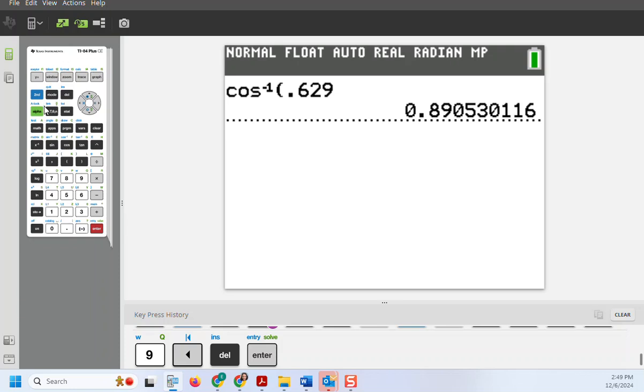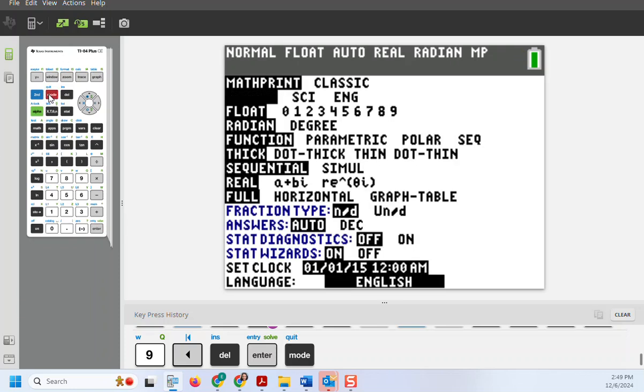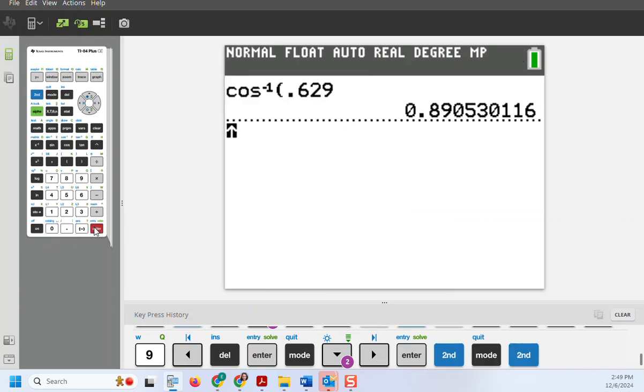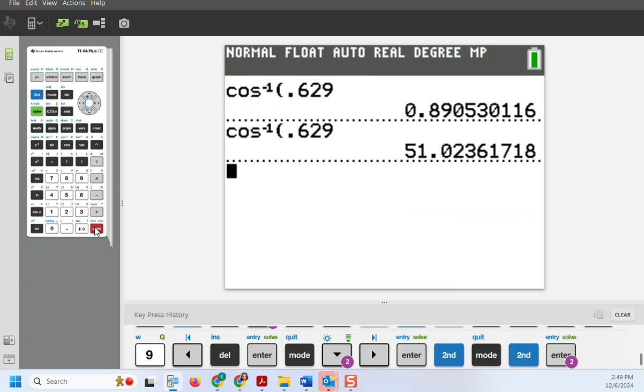Let me check my mode. There's my mode button. Oh, yep, I'm in radian. Let me try degree. All right, 51.0 degrees. You guys getting that?